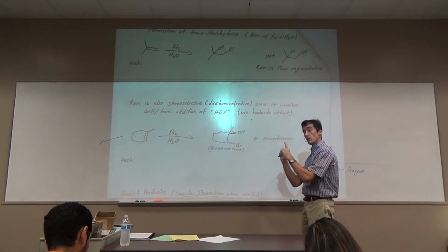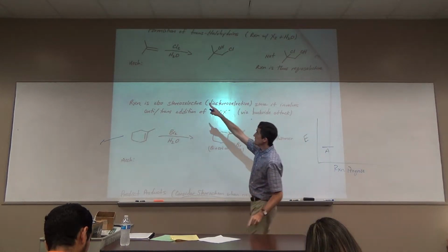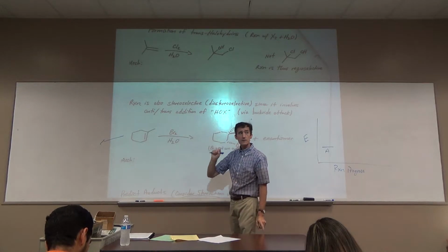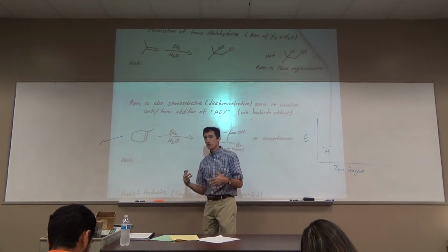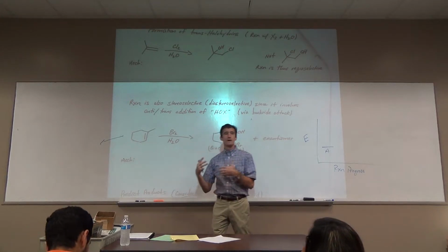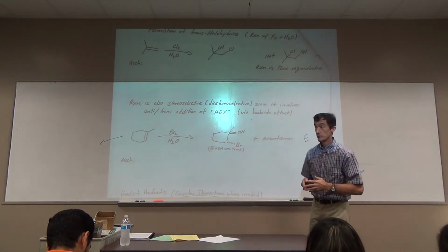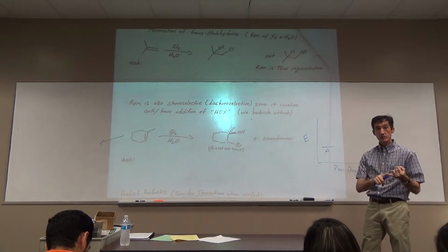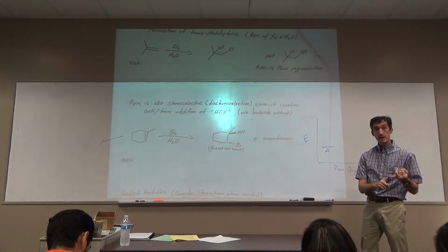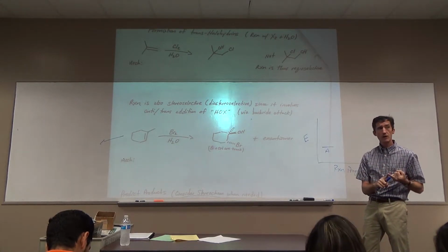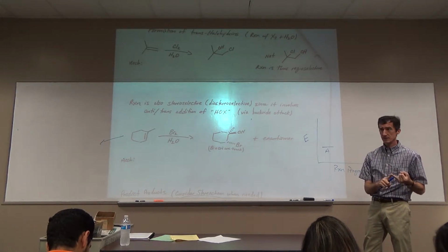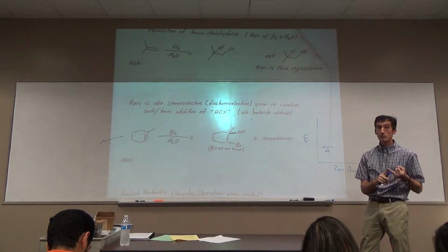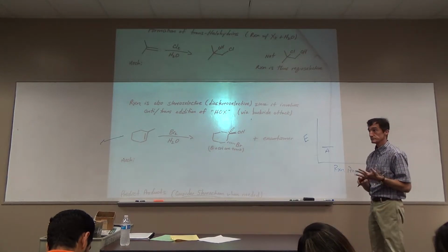Because didn't we draw 3 structures between starting and end? But one of them we said was not actually formed. So since it's not actually formed, we don't count that one. The remainder was 2. What were the 2? The chloronium ion, but then there was one after that. It was basically final product, but it was still protonated. Well, that's an intermediate also.